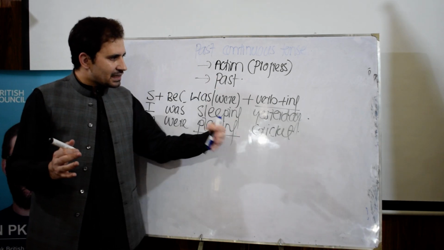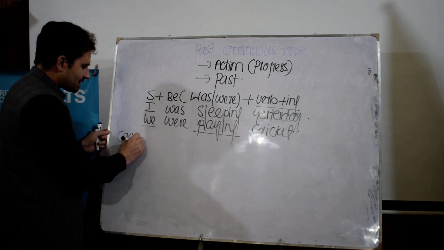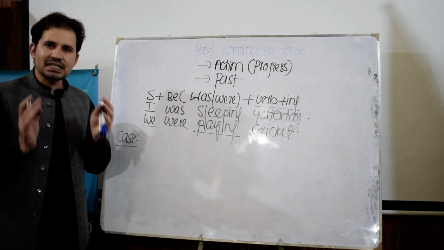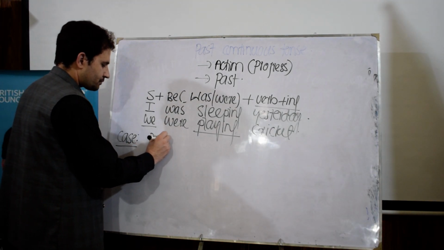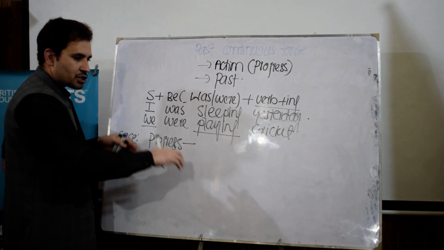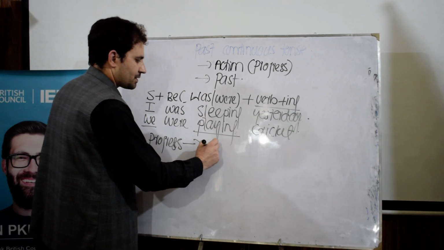So the next case, you can also use case number two. This is another case. You can use past continuous tense at a time when one action was in progress, one action was in continuation, when another action happened.